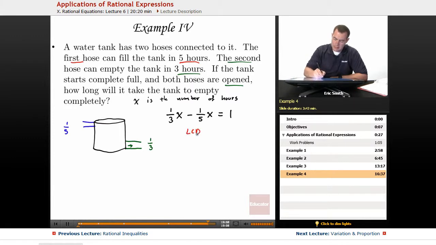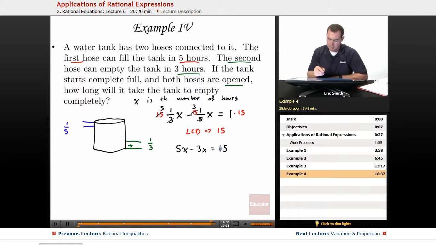Our LCD here would be 15. So let's multiply all parts by 15 and see what that does. 15, 15, and 15. Canceling out some extra stuff here, I'll get 5x minus 3x is equal to 15.